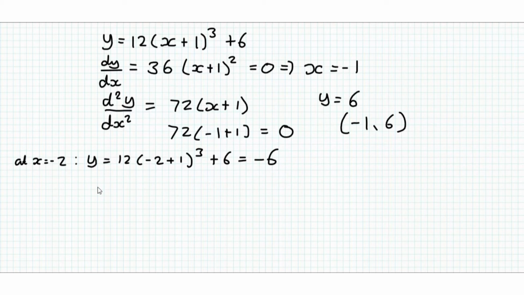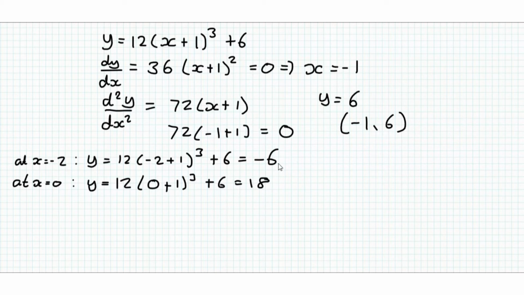And then at x equal to 0, we get y is equal to 12 times (0 plus 1) cubed plus 6, and that's equal to 18. Right, but at minus 1, y is equal to 6.